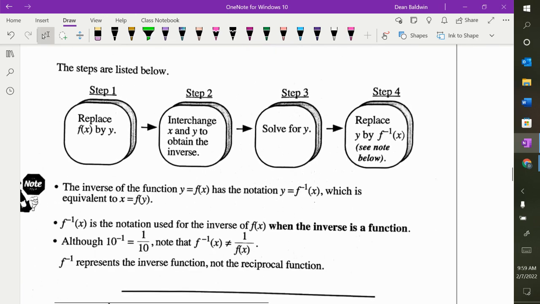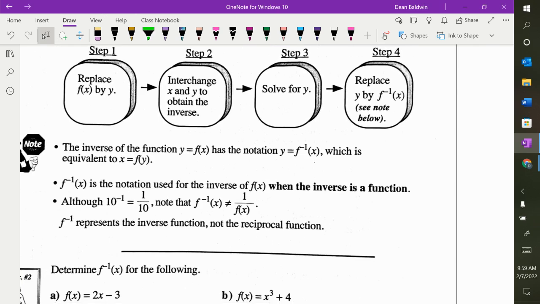All right, I just need to talk about this. In grade, I don't know what grade, whatever grade, you probably saw this. If you have a negative exponent, it means 1 over the number, right? If I have x to the negative 2, that means 1 over x squared. That applies only to numbers, not to functions.